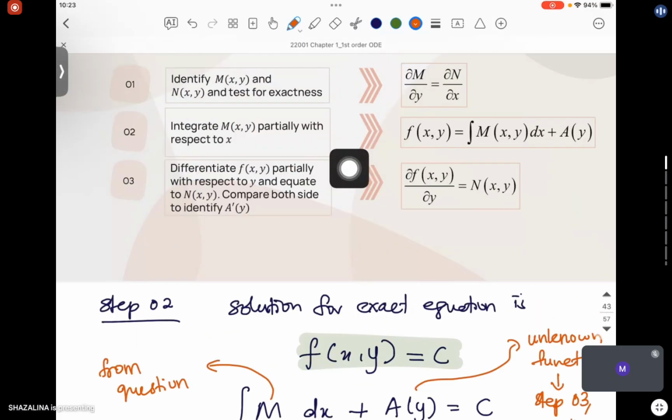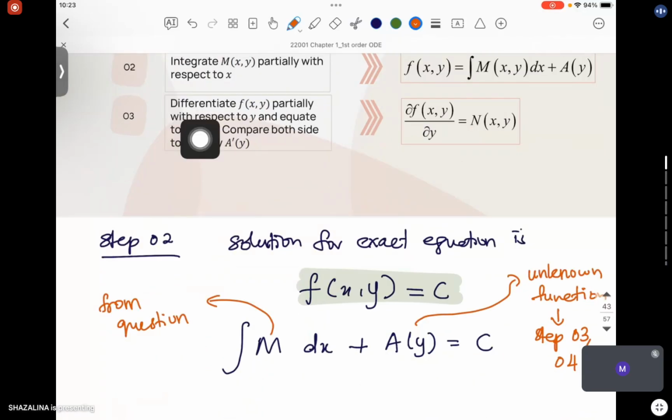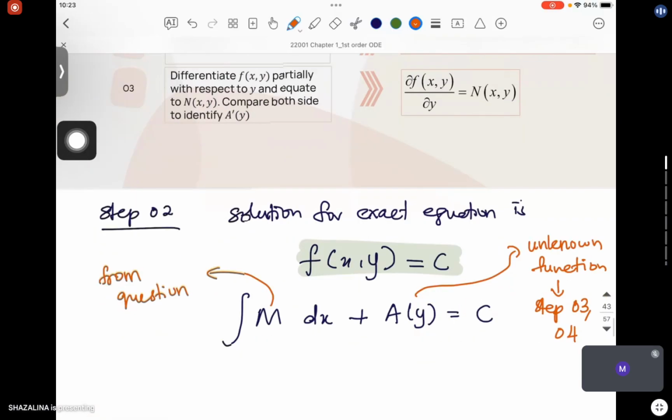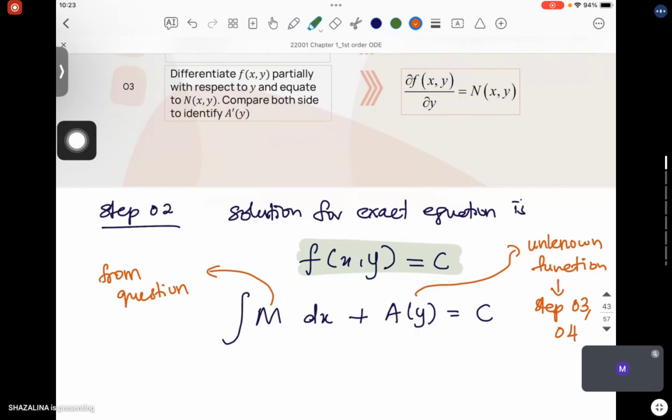Okay, alright. Kita pergi kepada step yang ketiga. For this step is for you to find what is the a(y). First, differentiate f(x, y). Bila dia kata differentiate f(x, y) partially with respect to y, means you need to differentiate the answer of the integration and also a(y).